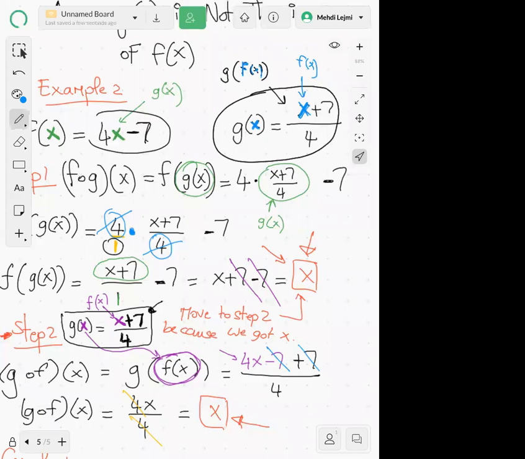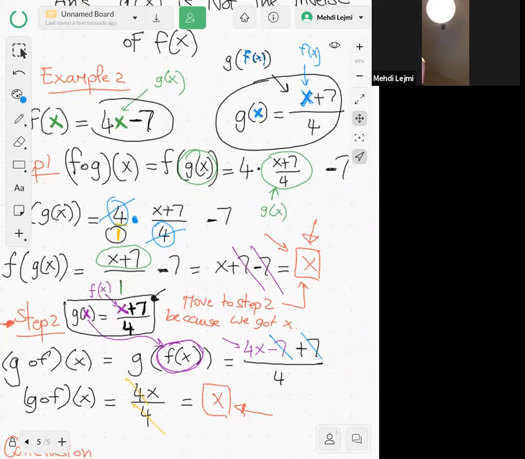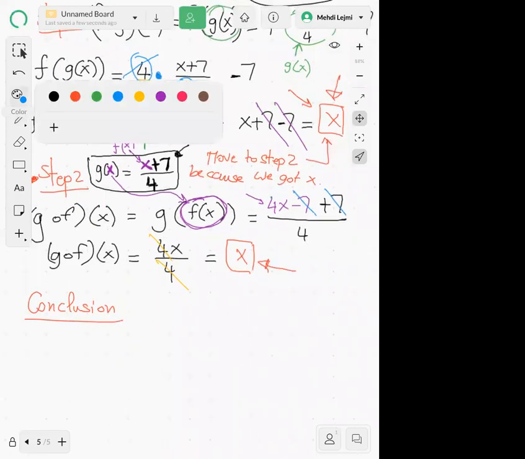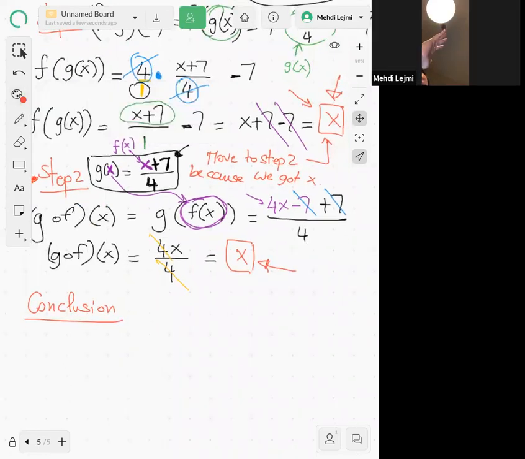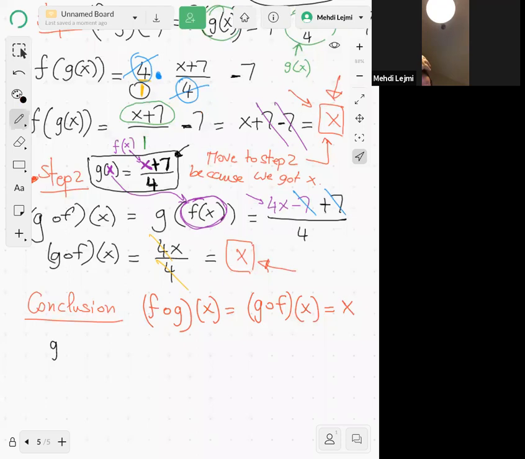I hope this answers your question. So in both steps, we got exactly x as the answer. So f of g of x and g of f of x are both equal to x, so g is the inverse of f.